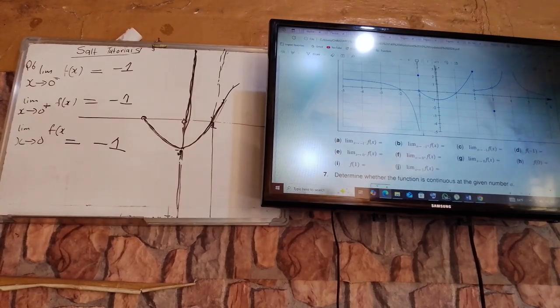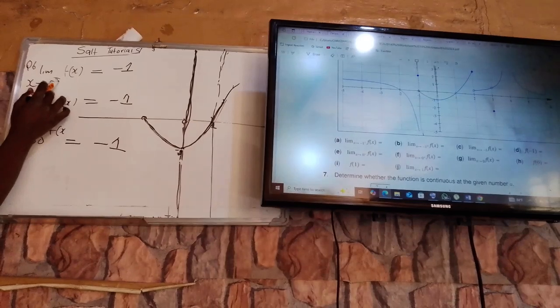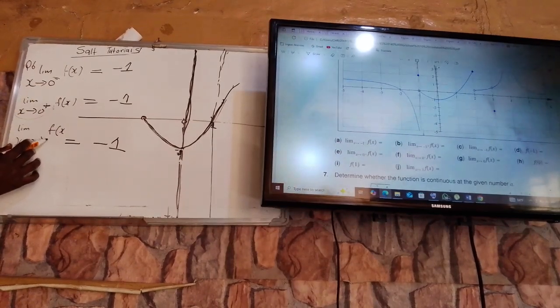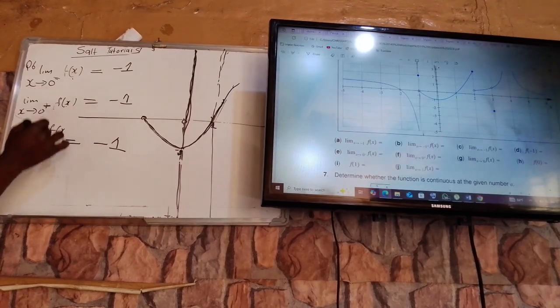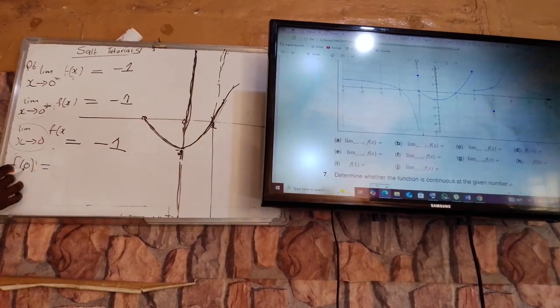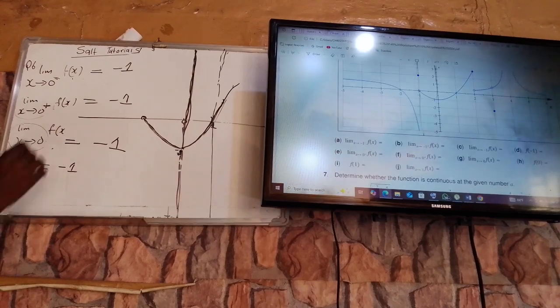Now look, this is the limit as x approaches 0 from the left side, as x approaches 0 from the right side, and the general limit as x approaches 0. So these three are limits. But if I say f of 0, this is an evaluation. What is the value of f of x if x is 0? This particular point, it is still equal to -1.